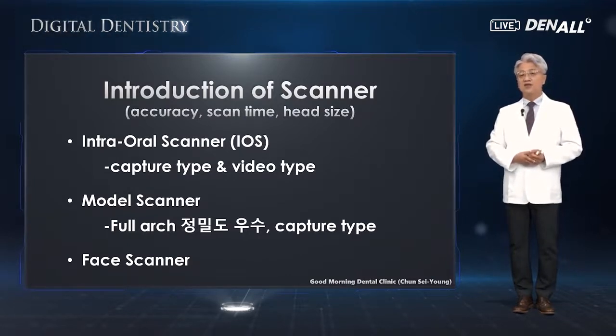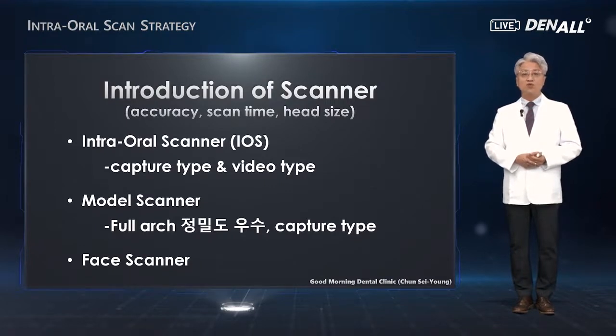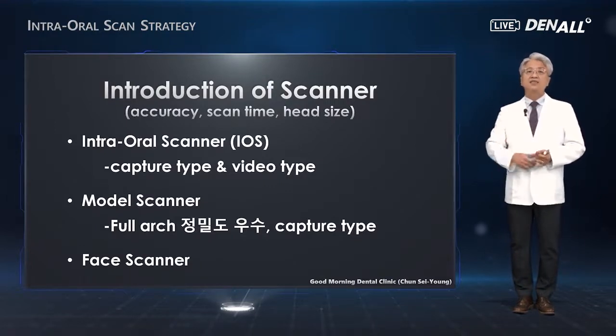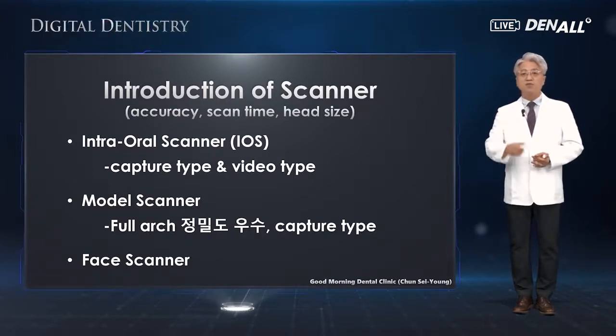The intraoral scanner is more precise when you use the video type, but the model scanner is a capture type, and it is helpful in terms of time, but there's one disadvantage. The rubber impression should be prepared and the stone model should be prepared for a patient. That is the limitation with the model scanner.